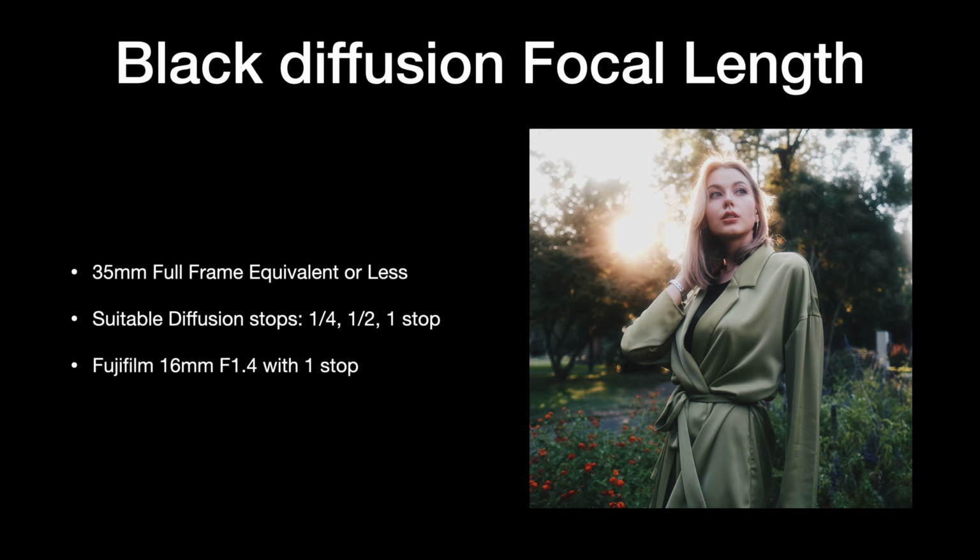And I want to talk a little bit about focal length, and when to use which stop, because there are 4 choices from K&F: 1/8, 1/4, 1/2, and 1 stop.